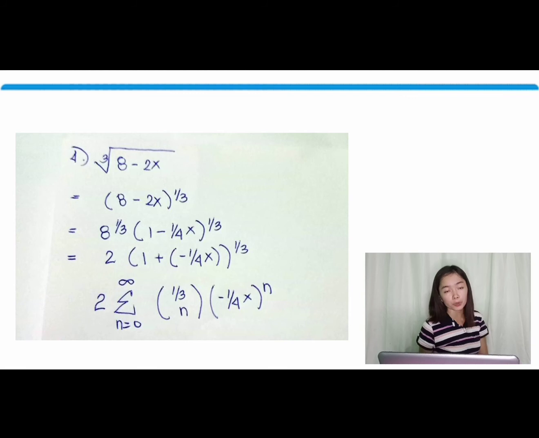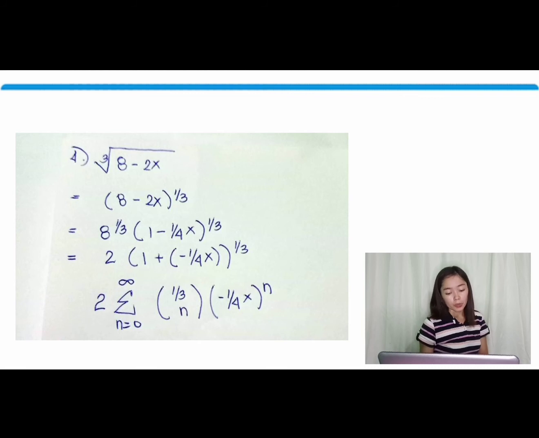We have the cube root of 8 minus 2x. Now, using the same process as the previous example, we have 8 minus 2x raised to 1/3.